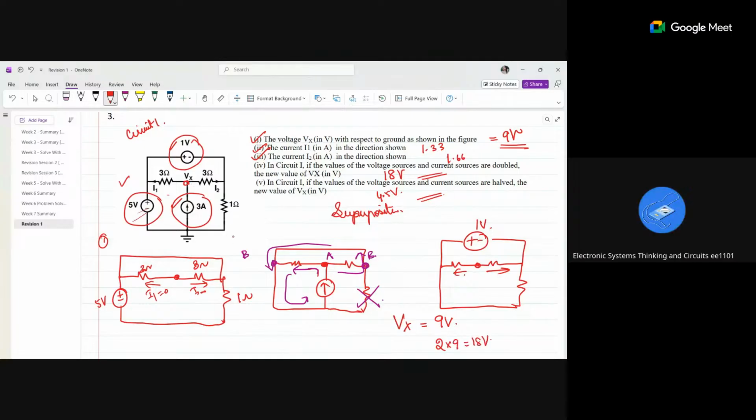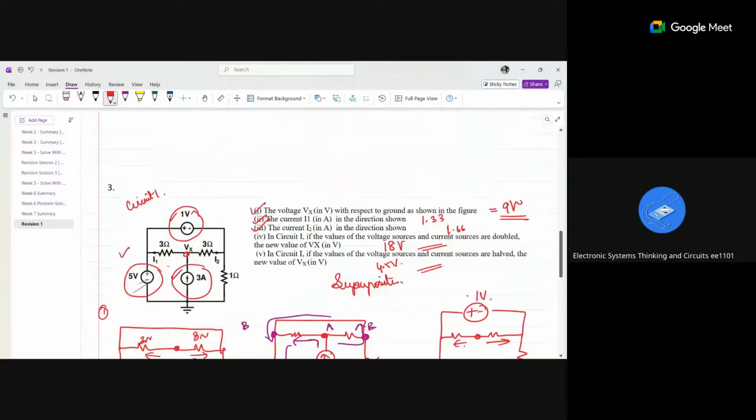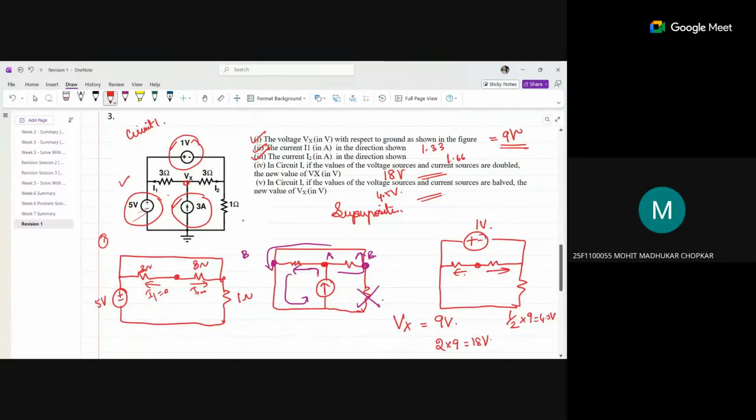Now when this is halved, the 9 volts is also halved, because the circuit is linear. Yes, ma'am. And we just changed the value by doubling it. Exactly. So you're able to understand the point here, right? Yes, ma'am. The same circuit, and the value we got from the half of the value, we know what is the double of that value. But the condition here is all the voltage sources and current sources have to be doubled. Okay. Yes.